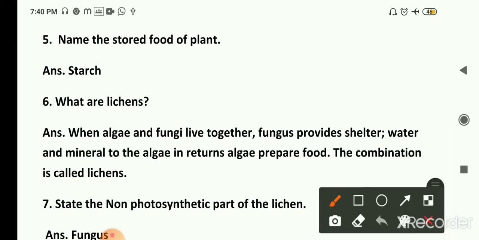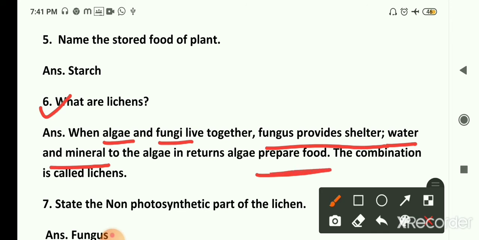Now next, question number 6: what are lichens? Lichens show symbiosis. A symbiotic relationship is found in the lichen, when algae and fungi live together. The fungus provides the shelter, water, and minerals to the algae, and in return the algae prepares food by the process of photosynthesis.